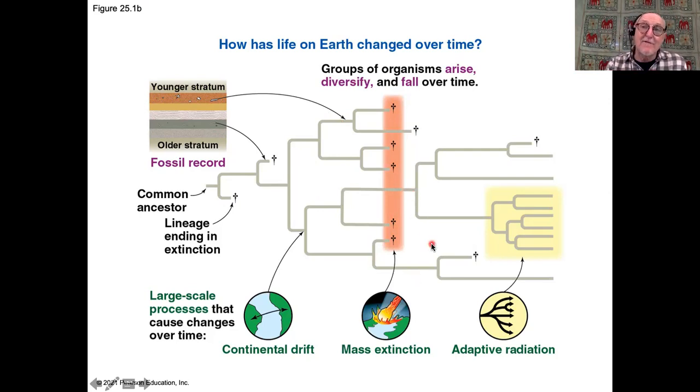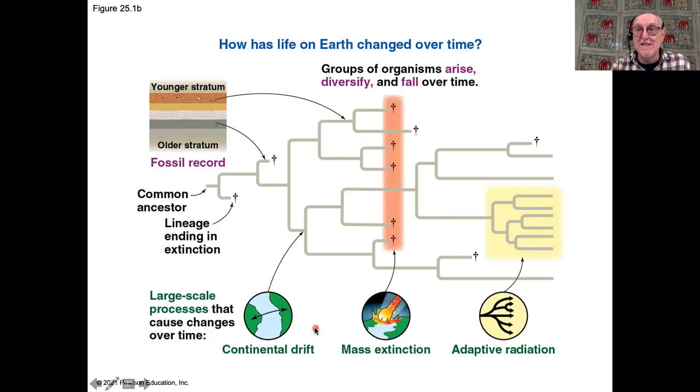Those few that survive are tremendously important because they survive into a world which is entirely different now that all of these have been removed. So they can actually begin to radiate out into all of those ecological niches, for example, which are now free because of the mass extinction.